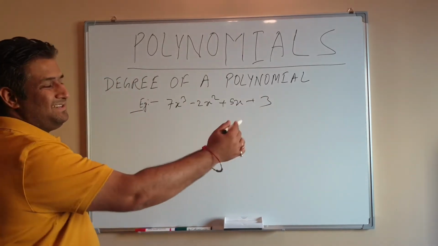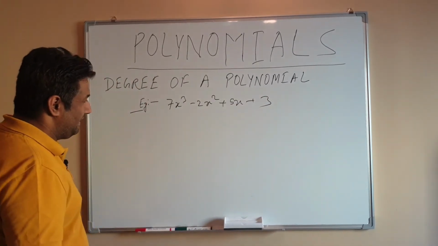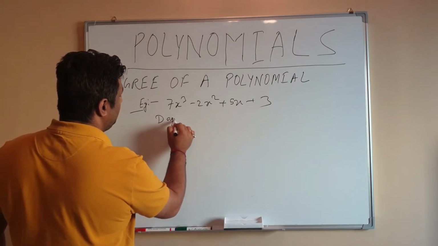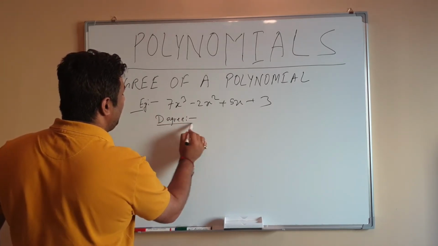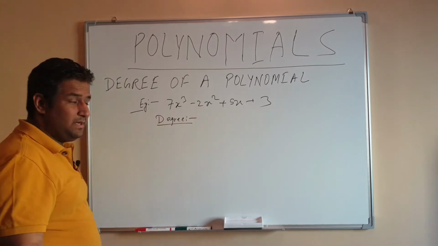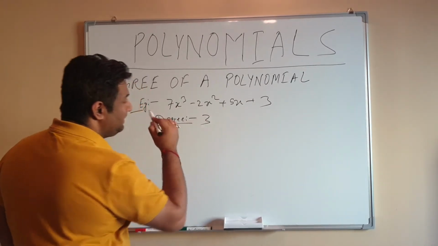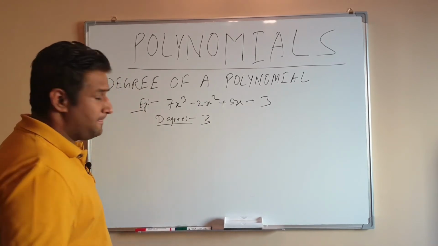Now this is a polynomial. When we talk about the degree of this, we have to check the highest power in this complete term, which is obviously 3. So the degree of this polynomial is going to be 3.